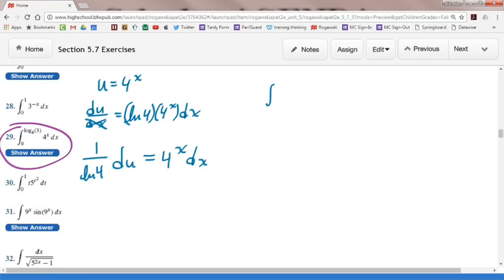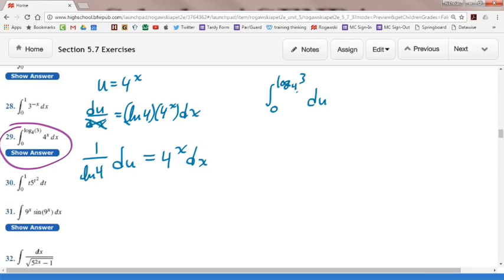Okay, never mind. So we have 0 to log base 4 of 3, and then I'm taking out that stuff. I'm putting in du because I can take out this 4 to the x dx. And what about this 1 over natural log of 4? Now this is kind of weird.